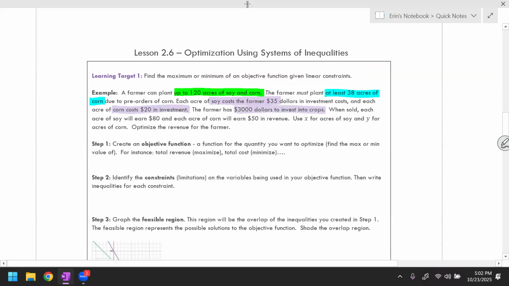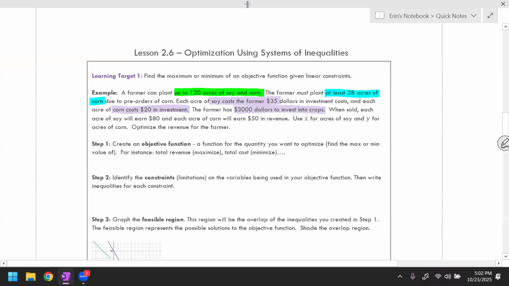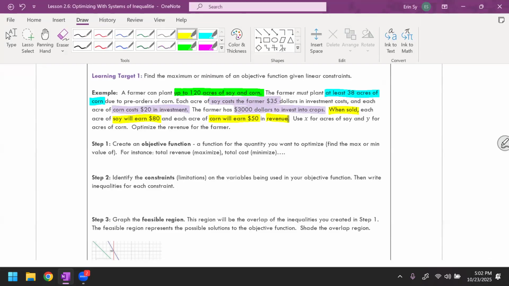Okay. And then finally, we have what's called our objective function, which says that when we sell these crops, we're going to make $80 for each acre of soy. So when sold, soy will earn 80 and corn earns 50 in revenue. And this is our objective function.